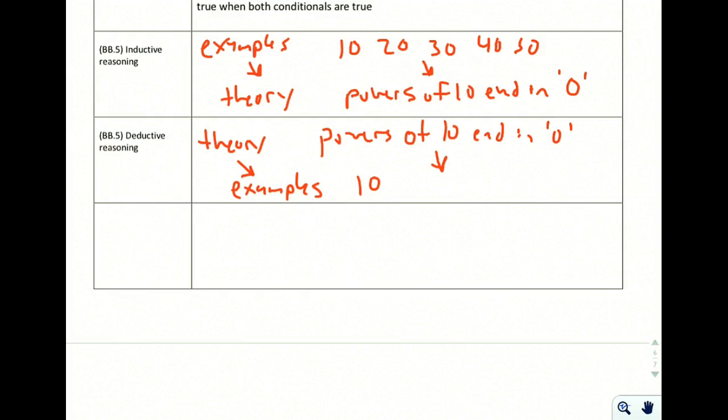Power of 10 times 10 is going to end in a 0. 10 times 500. All of my examples should end in a 0 because that's what my theory is going to predict. So it's just two different directions of looking at the same thing. Inductive starts with examples, goes to a theory. Deductive starts with a theory and deduces the examples.